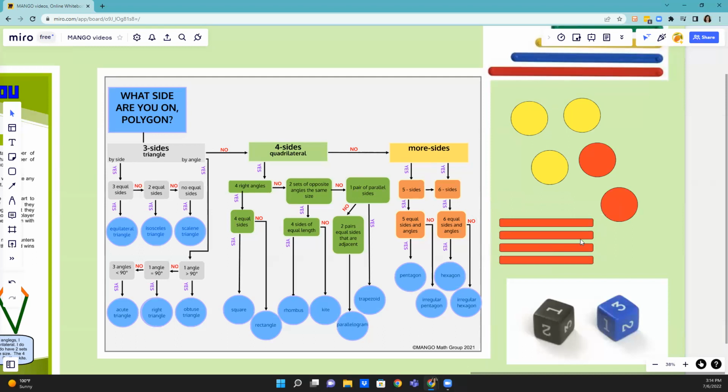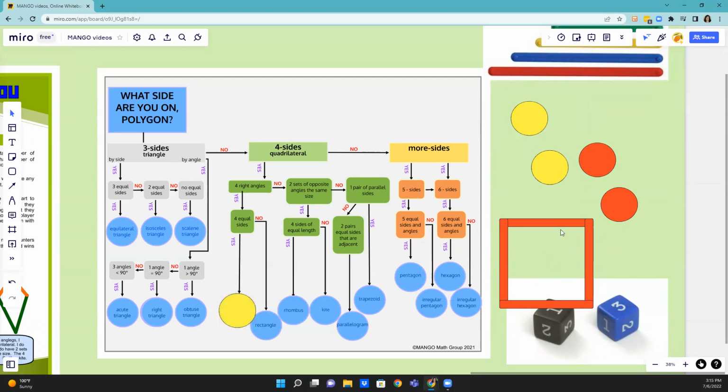You're then going to put those together so that you form that square. Once you have that square formed, all the students will look at it, make sure that it is exactly a square, that all sides have right angles, and that all sides are equal. Then you will fill in that circle with your counter.